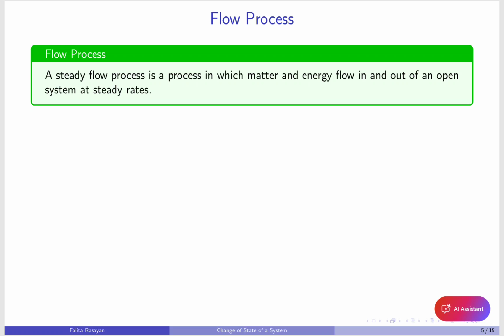Moving forward, we have a flow process. So what is a flow process? A steady flow process is a process in which matter and energy flow in and out of an open system at steady rates. So in this case, we have both exchange of matter as well as energy with the surroundings. So this is basically an open system and the process takes place in an open system.